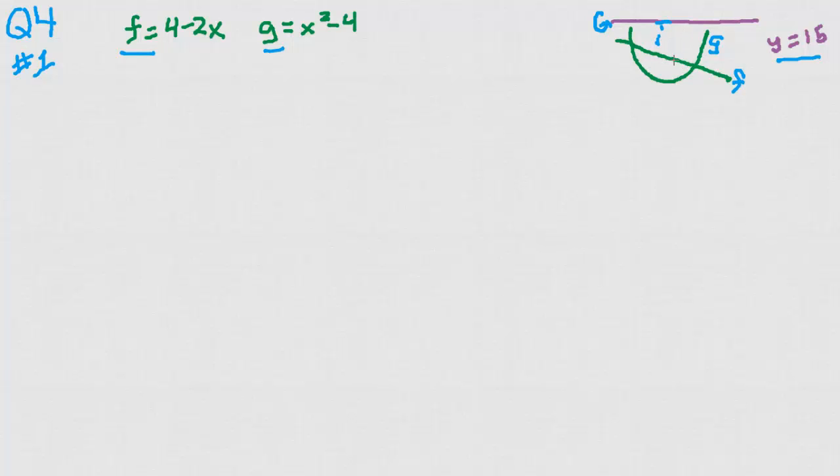The other possibility is washers. Washers look nice here because a washer would be using this vertical distance between the two graphs rotated around the axis.